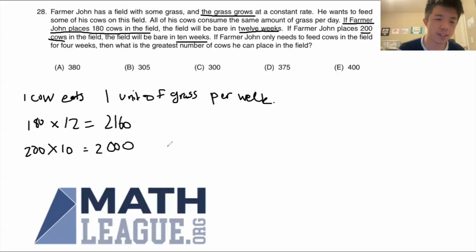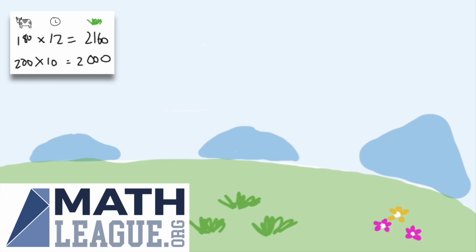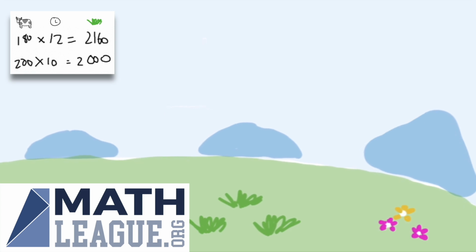And you can notice that these two numbers are different. And that's because we've measured the field over different units of time. Between the 10th week and the 12th week, the grass will have grown out some more. So essentially, what the problem is saying is that, let's say that no cows were to eat grass.